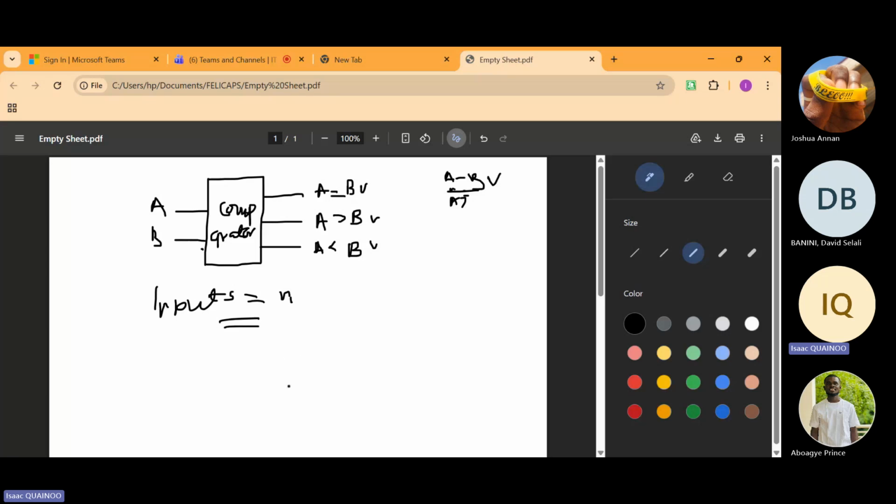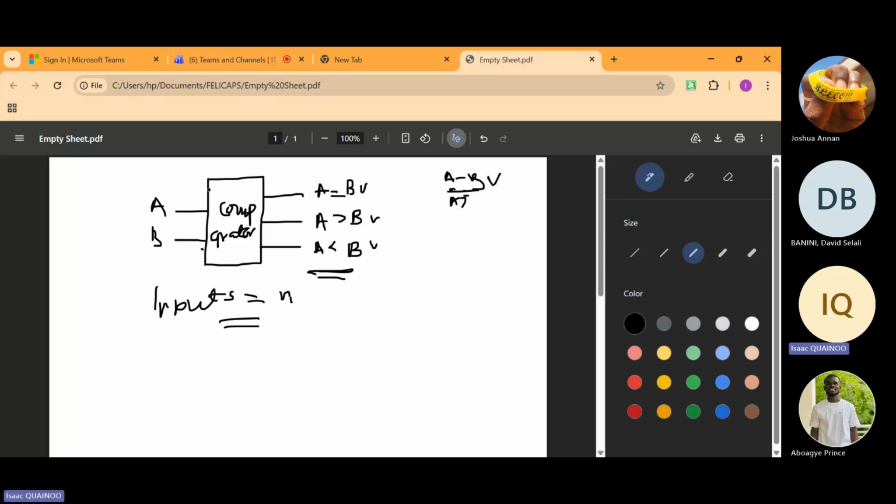Now, a comparator is classified based on the number of inputs it has. We don't really look at the number of outputs, because the output is always constant, which is these 3 things: equality, greater than and less than. But the inputs can change.